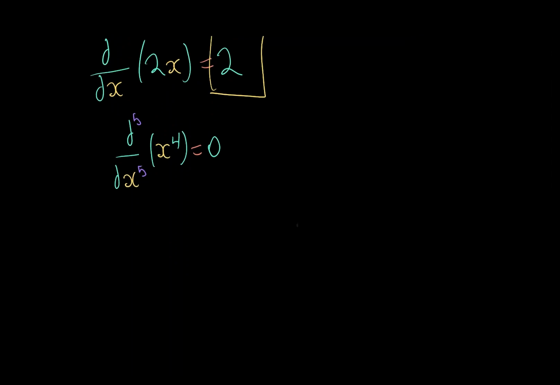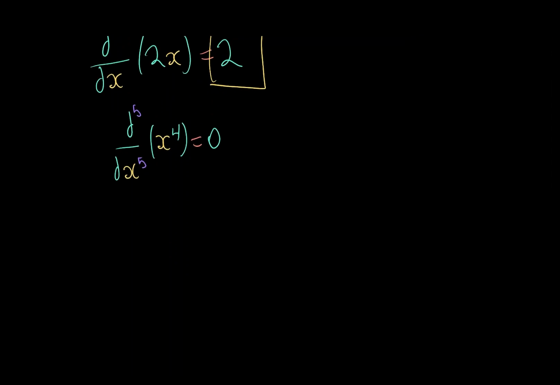And in fact, you can notice a pattern here. If you take the derivative of a polynomial, so d over dx to the power n of f of x, and let's say n here is your derivative amount.